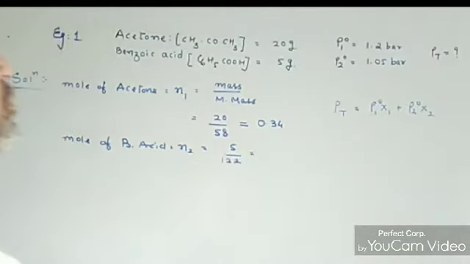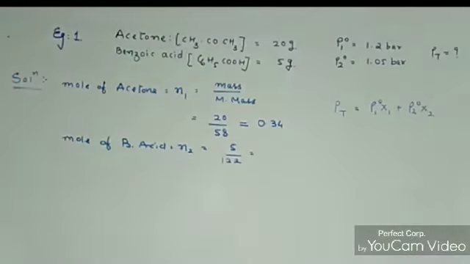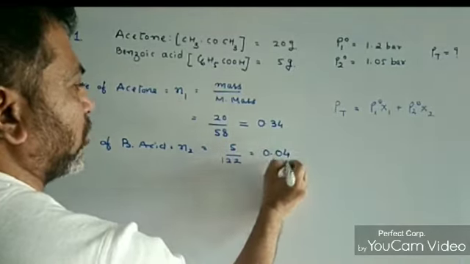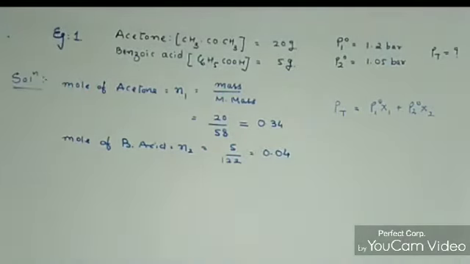So dear students, 5 divided by 122, what will be the answer? 0.04. So we have found the mole of acetone and the mole of benzoic acid.